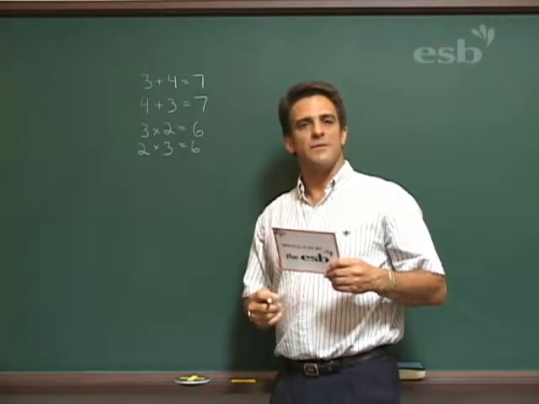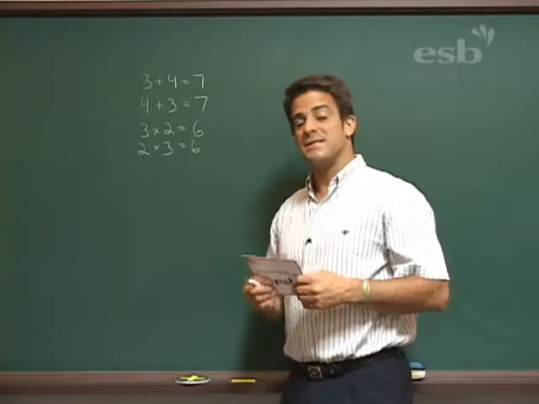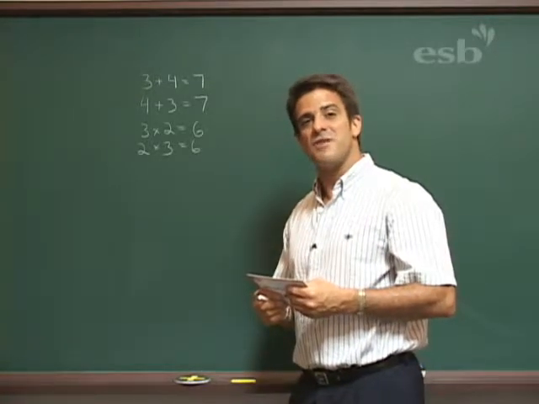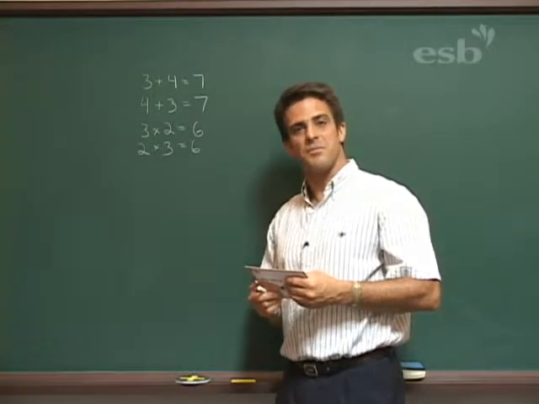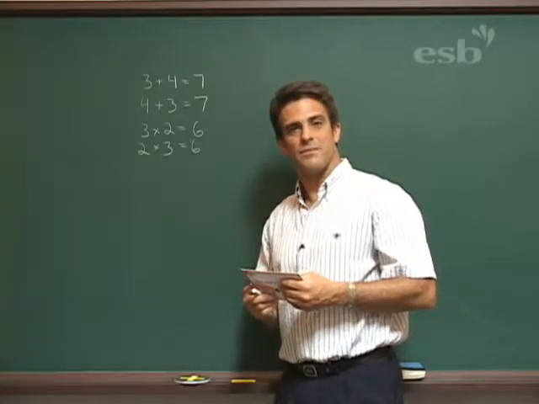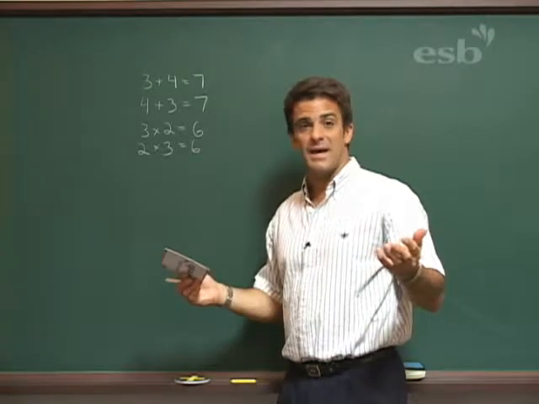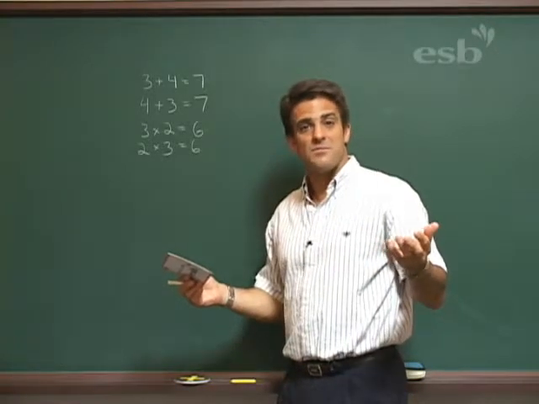What else did we learn? We learned that 0 is a multiple of every number. You can multiply every number by 0.